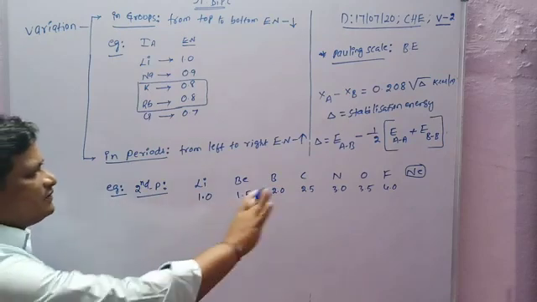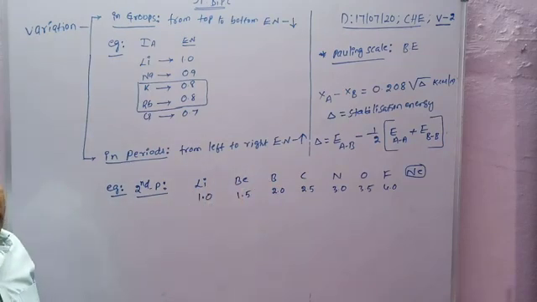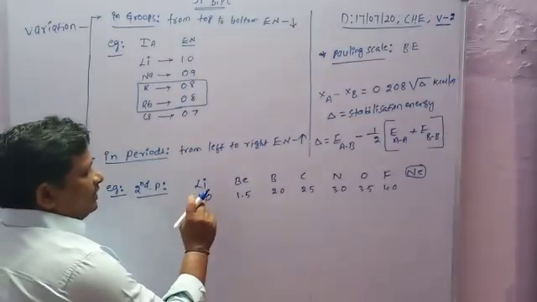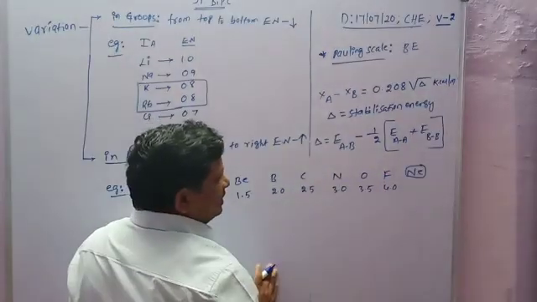So then what happens from left to right? Its value increases. Okay. So lithium to fluorine increases.